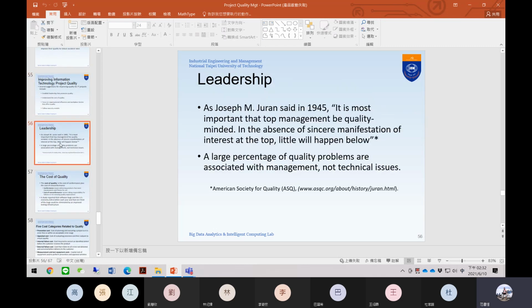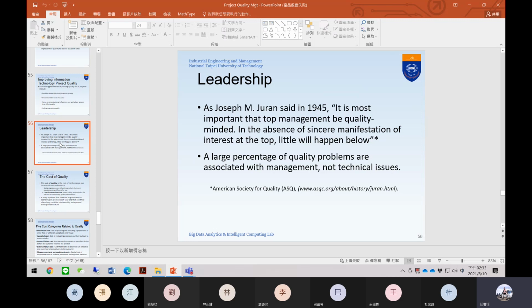Then leadership. As Joseph Juran said in 1945, a long time ago, it is most important that top management be quality minded. In the absence of sincere manifestation of interest at the top, little will happen below.